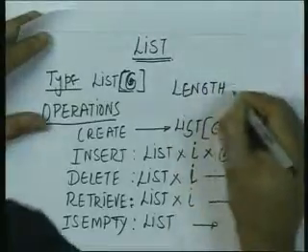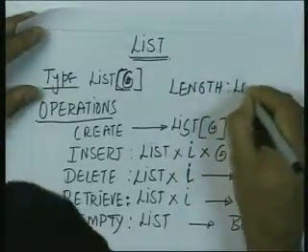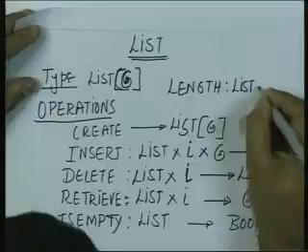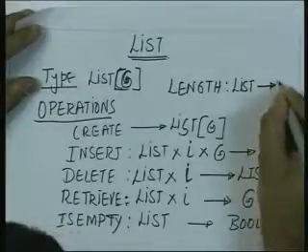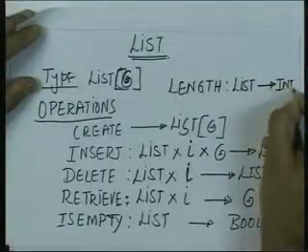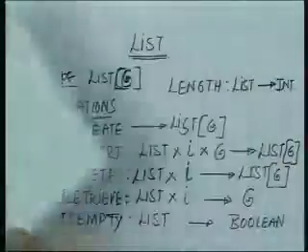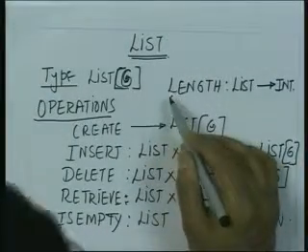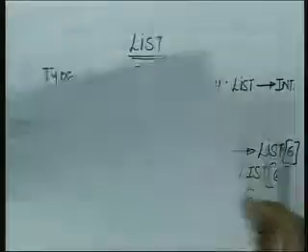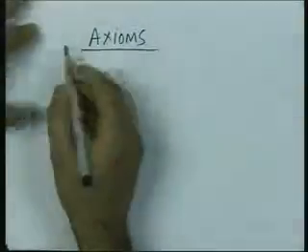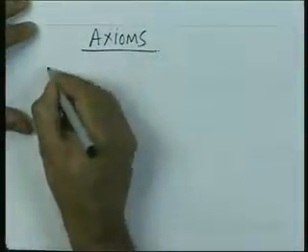So the length operation will take a list as an argument, and it returns an integer which denotes the length of the list. That was one operation that we missed out, so I am just writing it on top of the slide in this case.